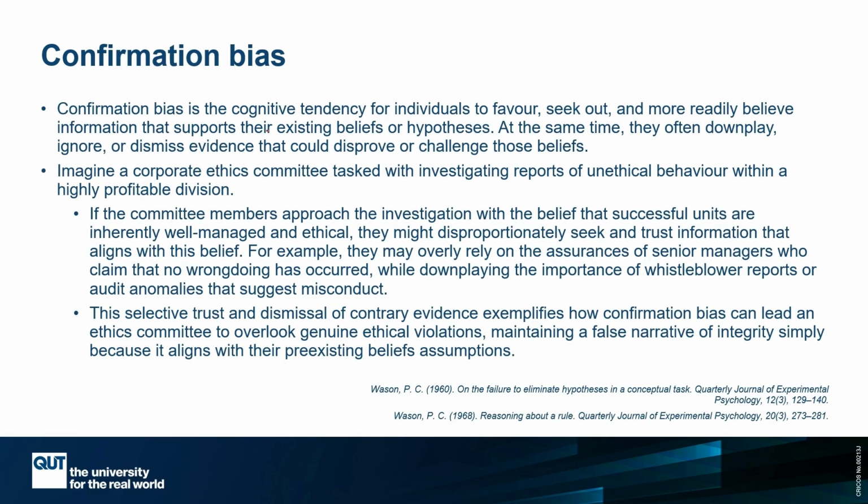So as we've got here, confirmation bias occurs where you will tend to seek out and more readily believe information that supports your existing belief. At the same time, you downplay, ignore or dismiss evidence that could disprove or challenge those beliefs.